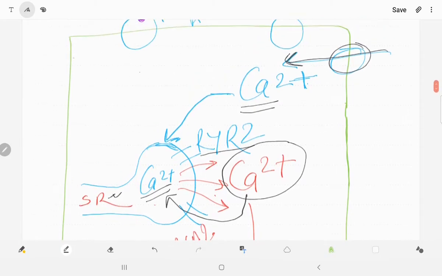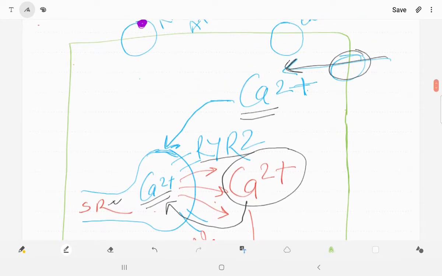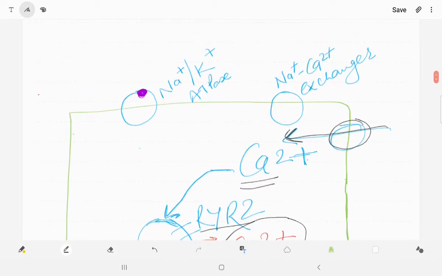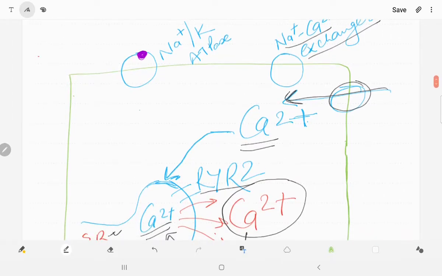And the amount of calcium that entered from the voltage gated calcium channel gets extruded from the sodium calcium exchanger. So this makes the concentration of calcium normal again, same as before. So this is about how a cardiac cell, a myocardial fiber, contracts.